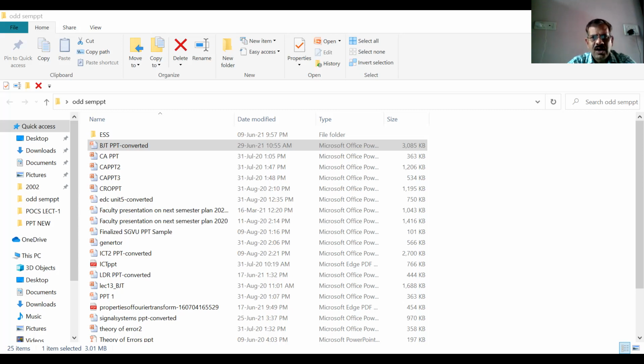Next one is the output characteristics of the common base configuration. That is the graph between output current IC versus output voltage VCB. VCB versus IC characteristics is called output characteristics of the common base configuration.